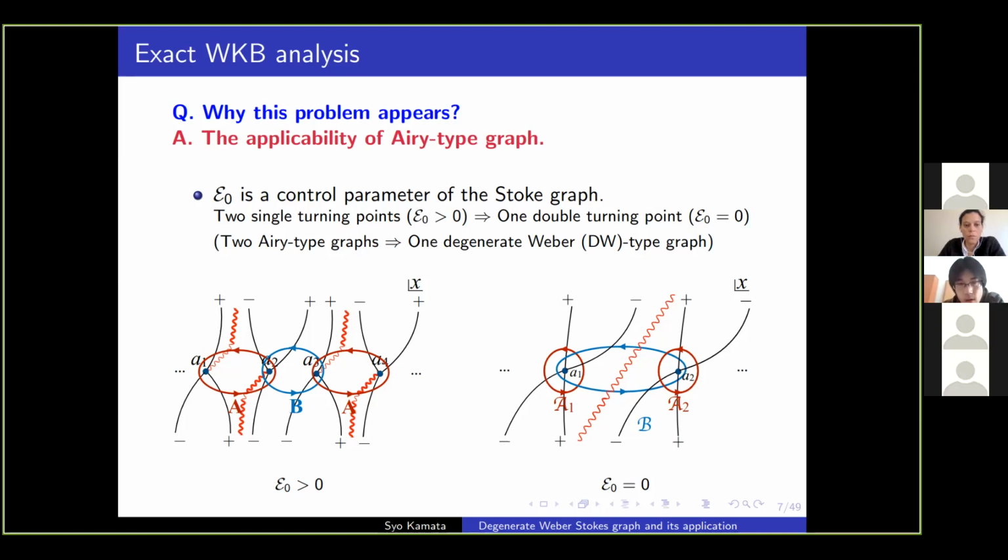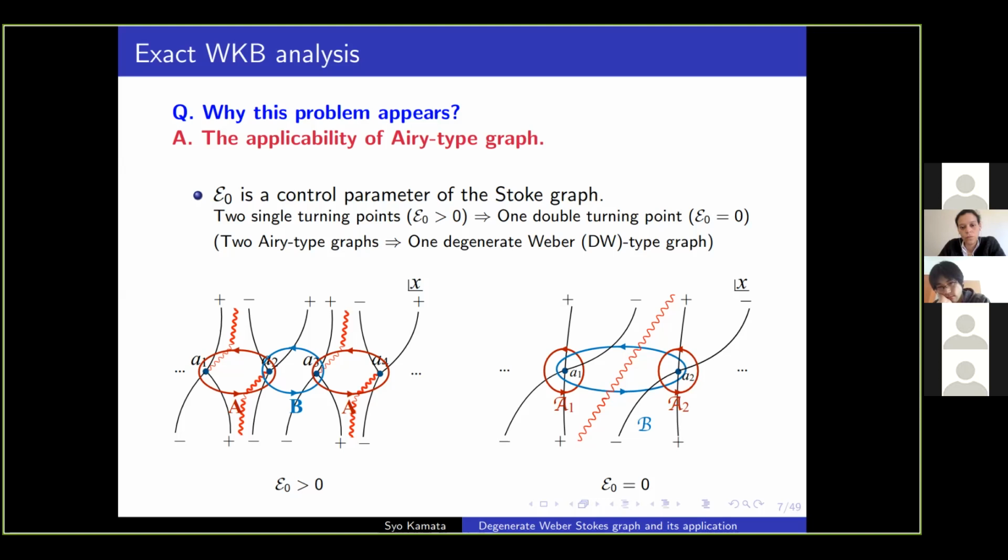Okay. That's very interesting. On the other hand, suppose there are so many various complicated situations. Can you give me any guidelines to choose, say, ARA type or Degenerate Weber type or any other complicated ones?